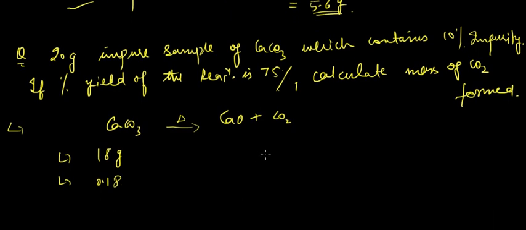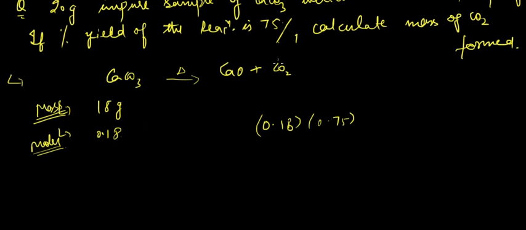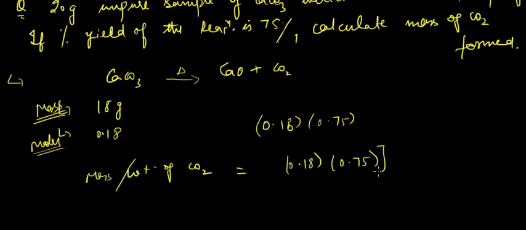And the percentage yield of the reaction is 75%, hence moles of CO2 formed after the reaction would be 0.18 into 0.75. Hence the mass of CO2 which would be formed would be these moles into 44 grams. So you can just calculate it to get the final answer.